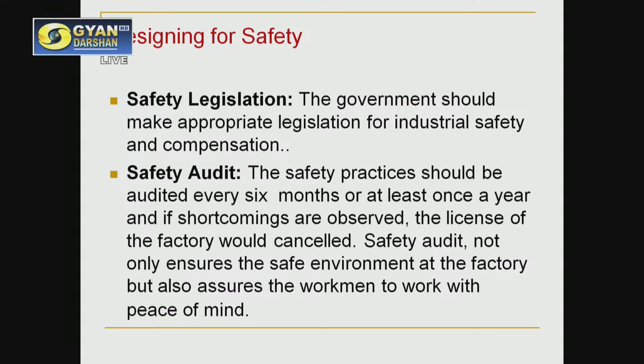The safety audit not only ensures the safety environment of the factory, but also assures the workman can work with peace of mind. So safety audits are important parameters while designing industry rules and acts.